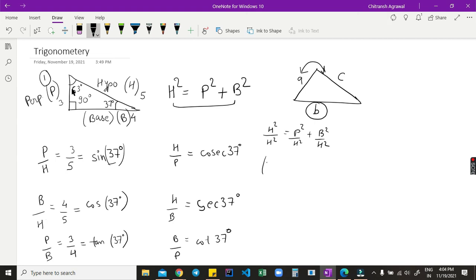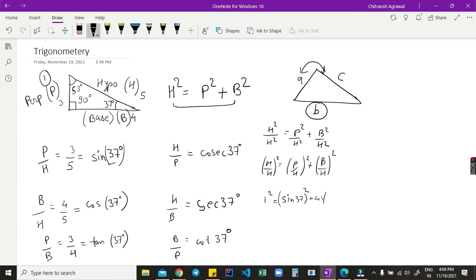Now on simplifying, we will get 1 square is, now p by h we have called sine, so this is sine of 37 square plus cos of 37 square.